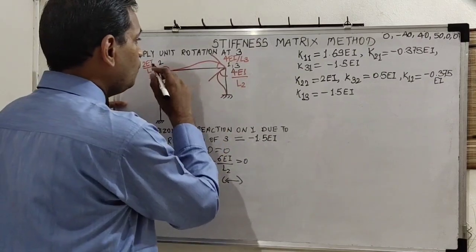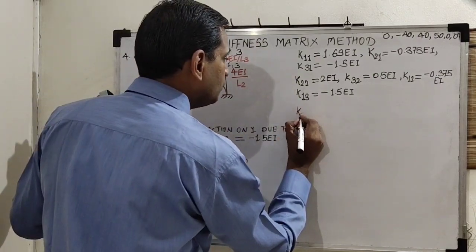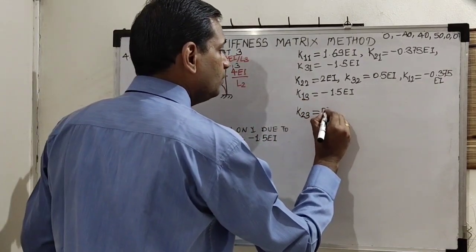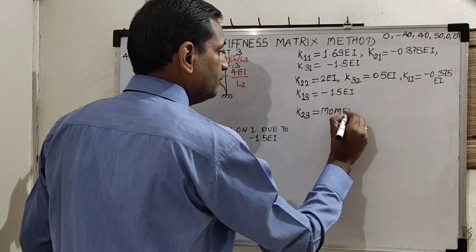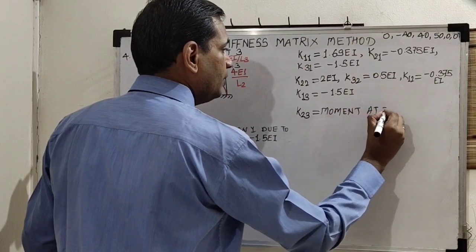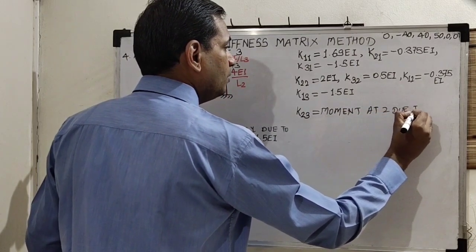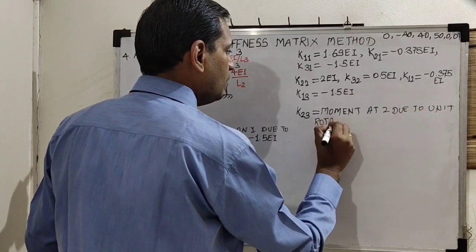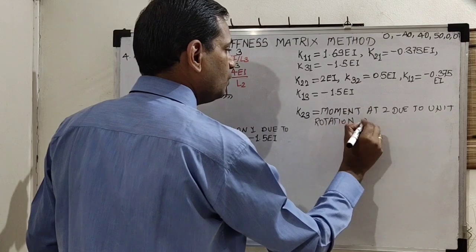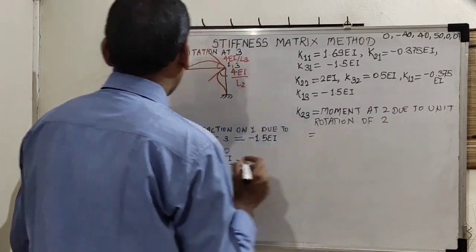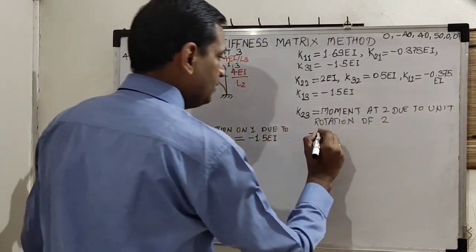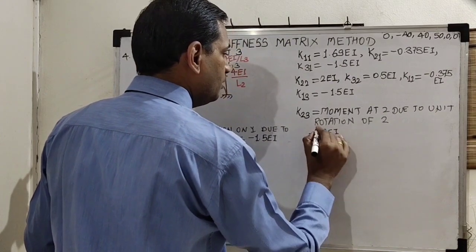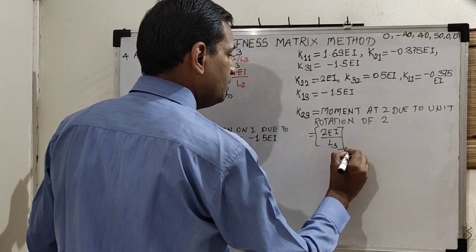So K23. What will be K23? Moment at 2 due to unit rotation of 2, and the value is 2EI by L3. 2EI upon L3 is for span BC.